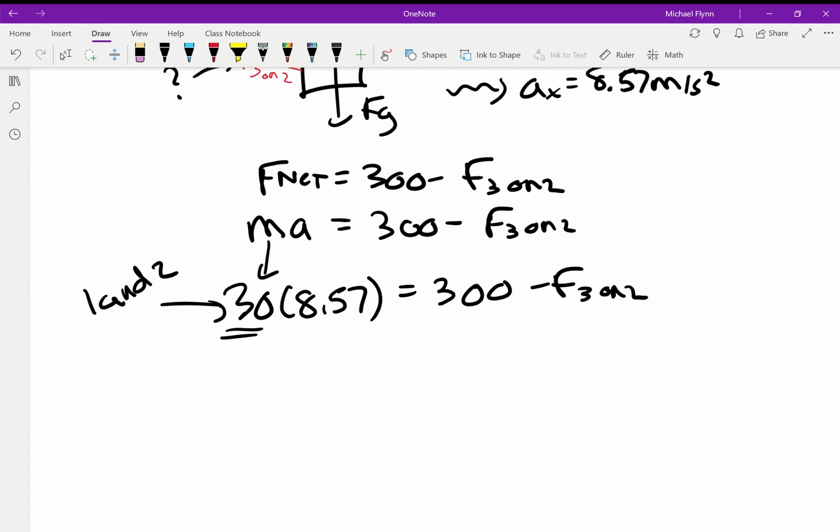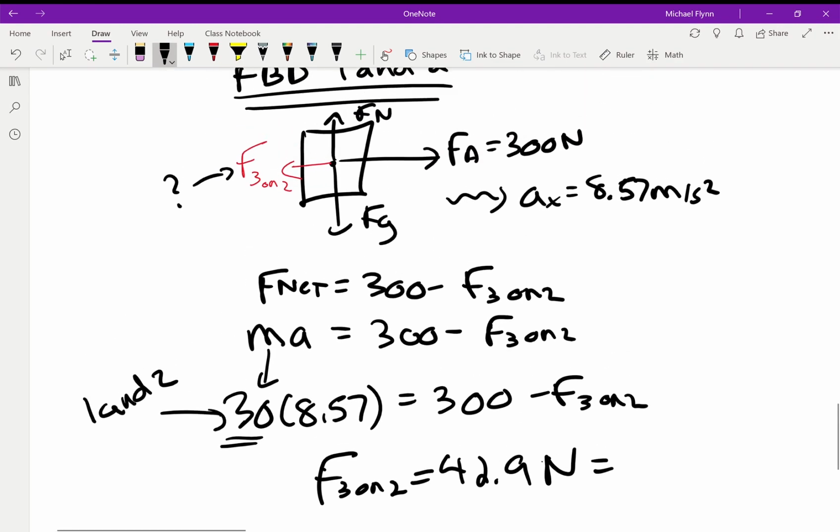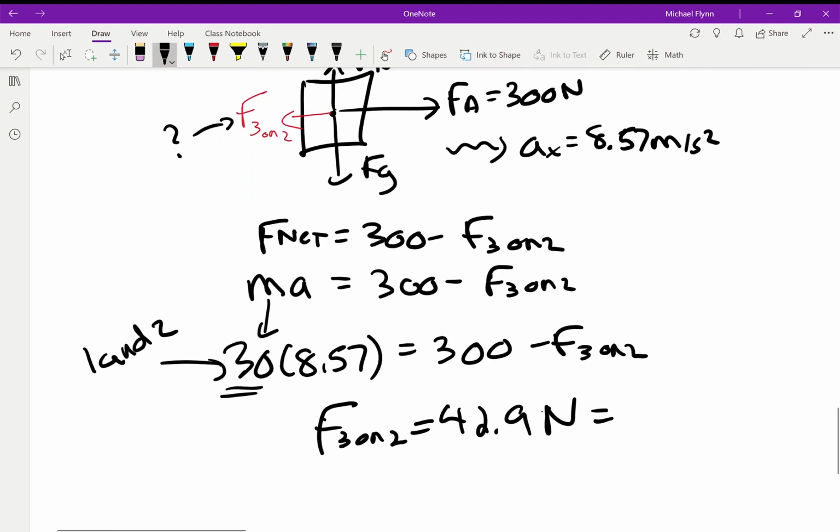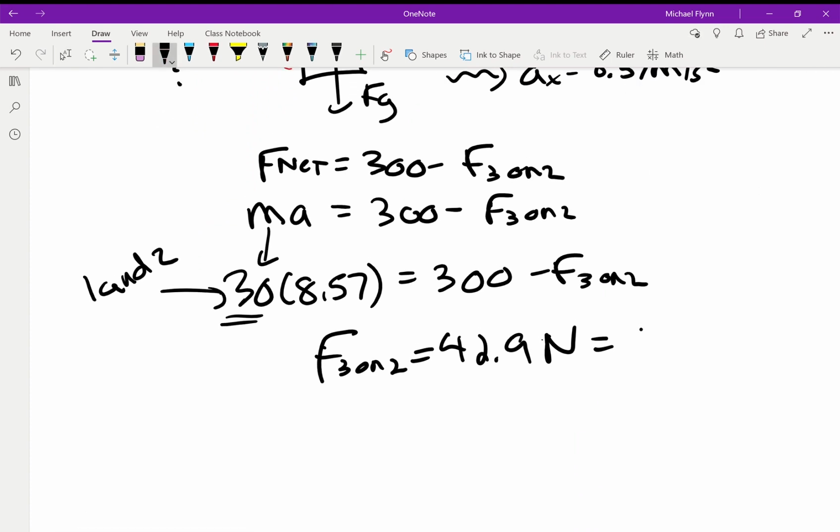Oh, forget the negative. I get the force of 3 on 2 is 42.9 newtons. It's in the opposite direction, but we got the same answer that we got in question A, which is equal to the force of 2 on 3.